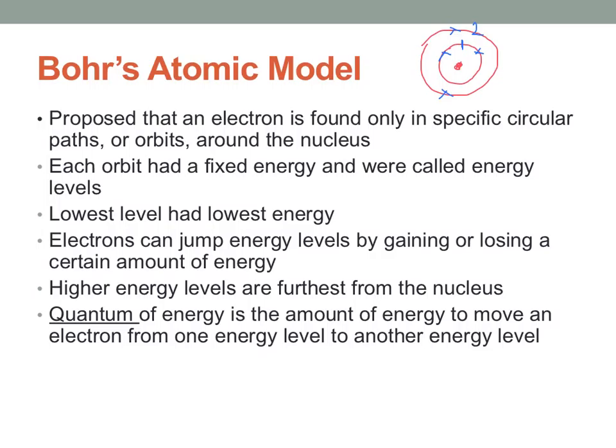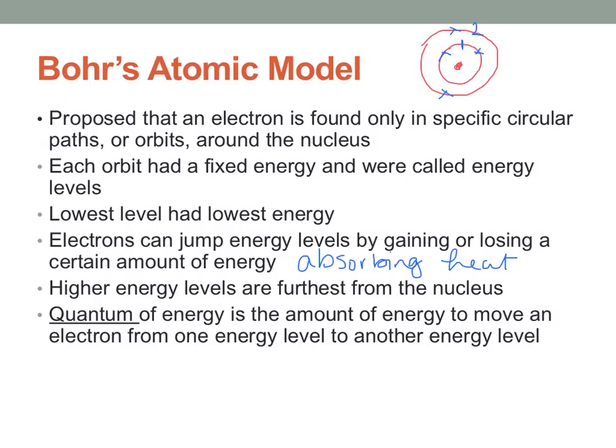And he thought electrons could jump energy levels by gaining or losing energy, and they do that by absorbing heat. You can heat the metals up, you can stick them in the sun, but they started to see that something was going on with the electrons when that happened. So they were finally starting to see some different behaviors.